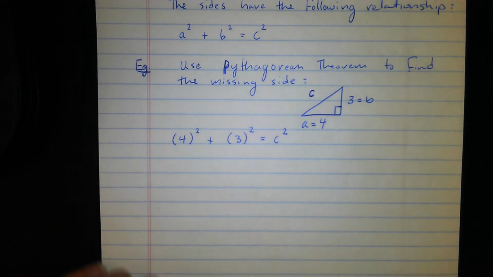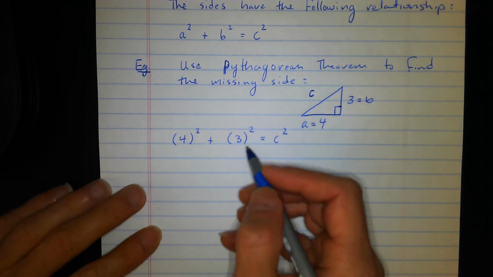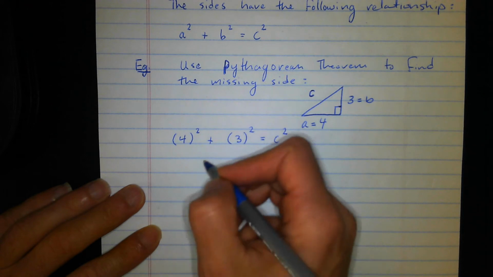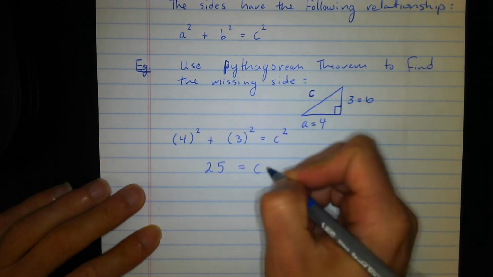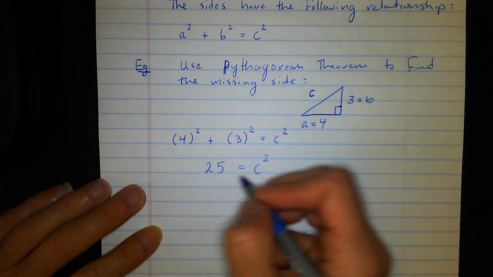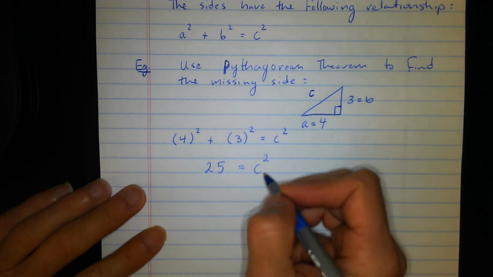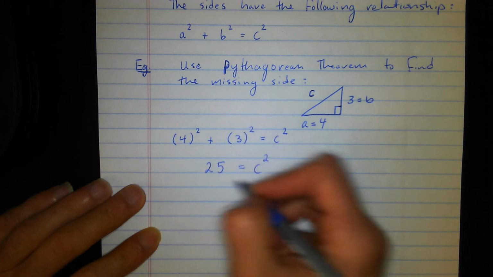I'm left with 16 for 4 squared and 9 for 3 squared. So altogether this adds to 25 equals C squared. And then at this point we take the square root of both sides. Okay, now usually when we do this, we're interested in the positive and negative solutions. This is an equation.